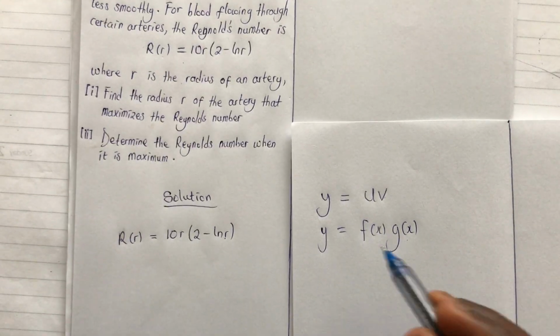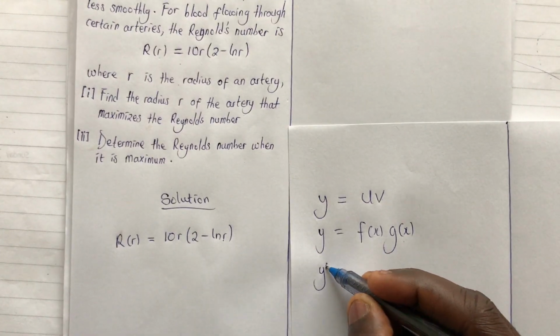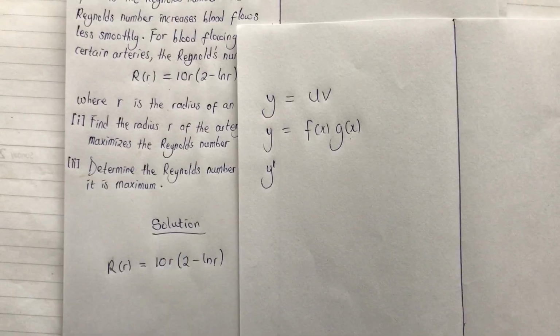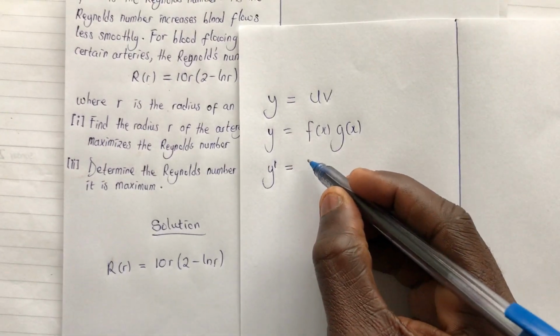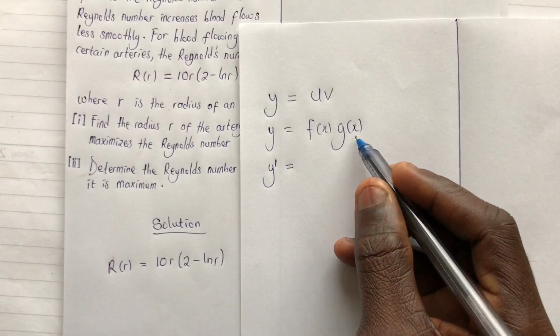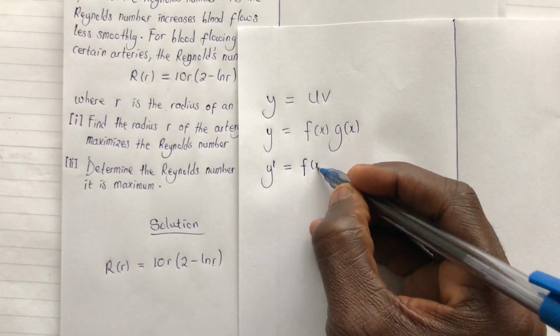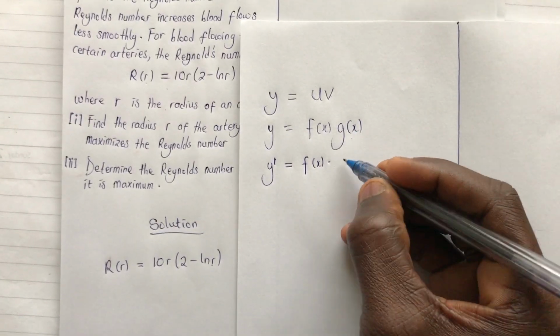So let's assume that differential of this function or differential of y will give us y', so that it will be simple for me. Now from product rule, y' will give me the maintain the first or the second function. Let's select the first function. So I'll take the first function, then I'll multiply the result by differentiating the second function.